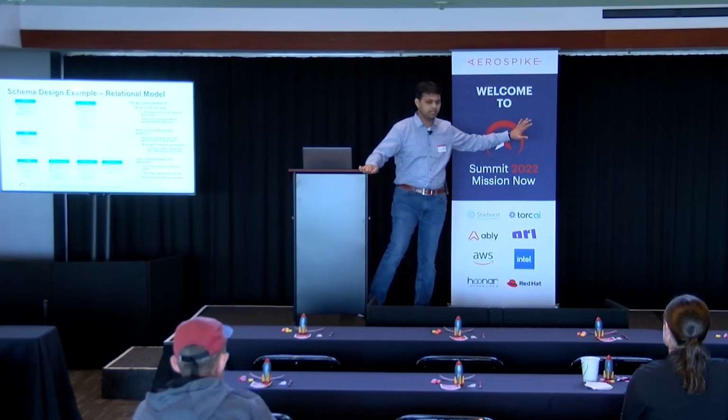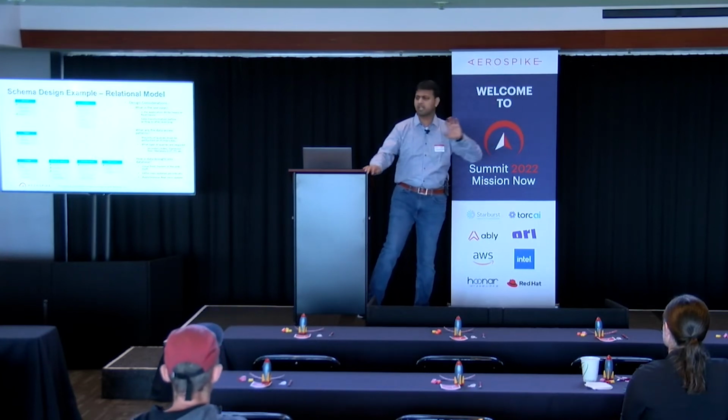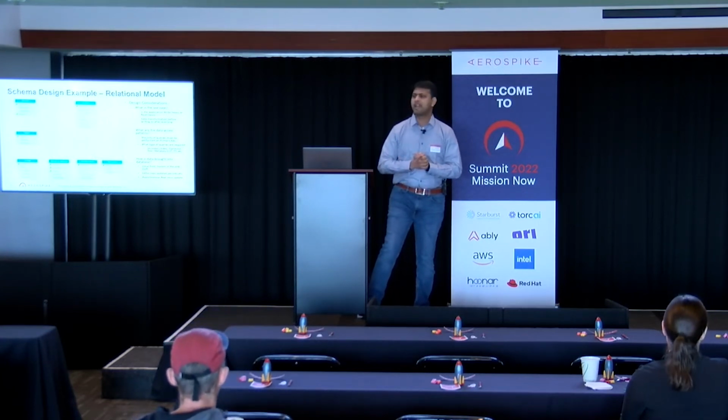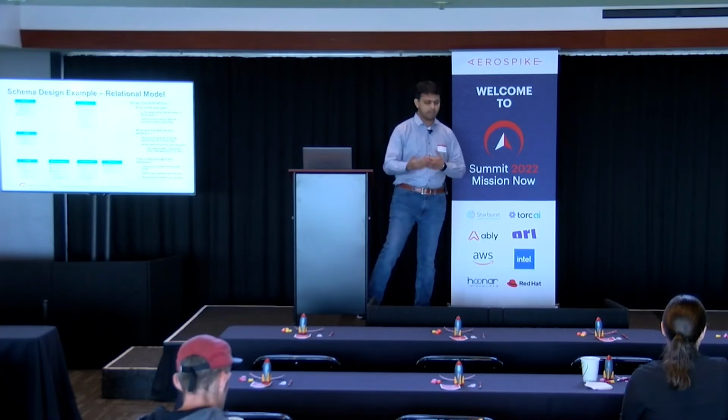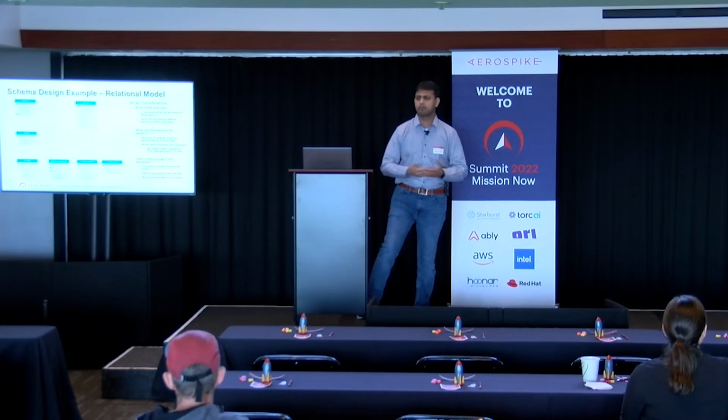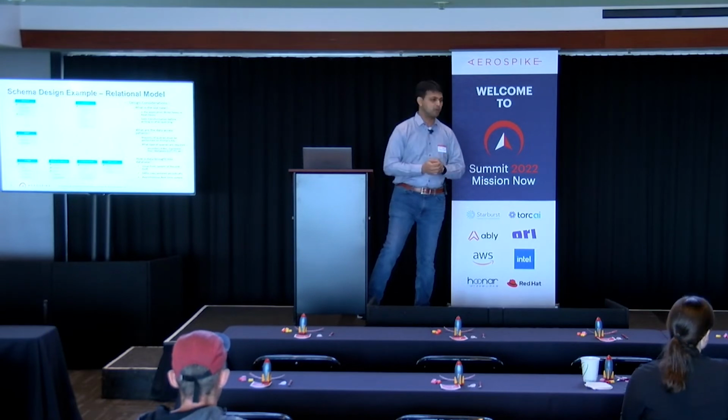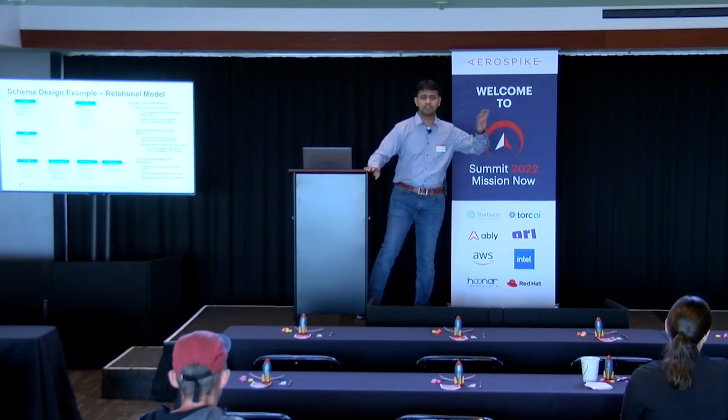What I see here, I have taken a simple example of an employee working in a particular company, and an employee going through certain trainings, the employee going through certain review processes. So if I look at this particular use case, what strikes me more? Am I looking for a certain department? Am I looking for a certain training?